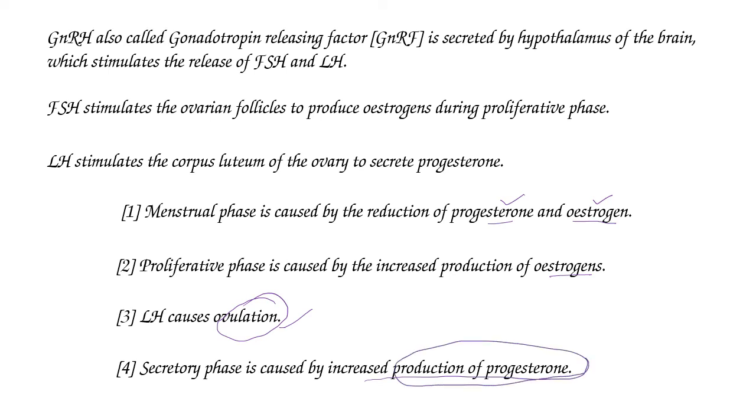Increased LH causes ovulation. Increased estrogen causes proliferative phase, and reduced production of progesterone and estrogen leads to menses.